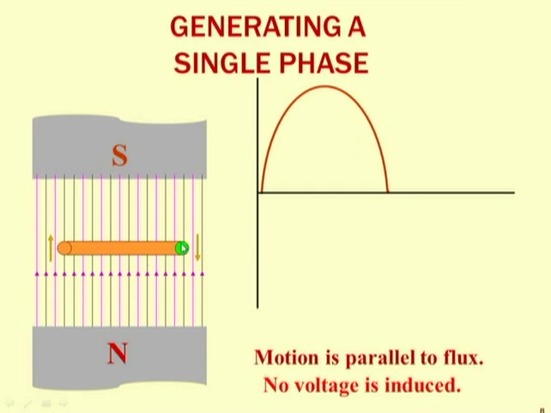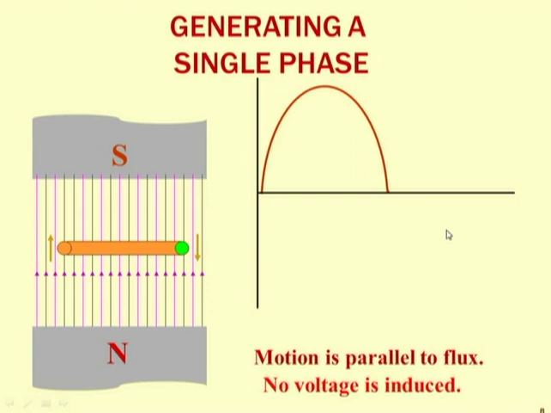From 0 degrees onward, the conductor with outgoing current was moving toward N. Here now it is moving toward S. That is the difference. Very important difference, because this is the difference which will describe the positive half cycle and negative half cycle of the AC system. If you understood this difference, then it is okay.